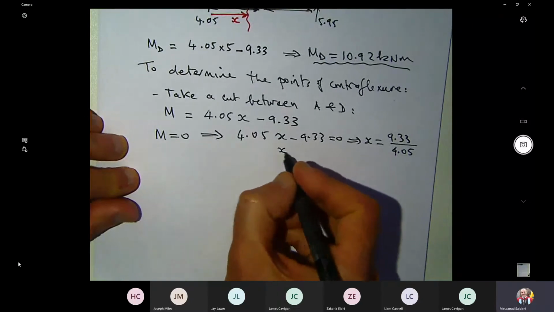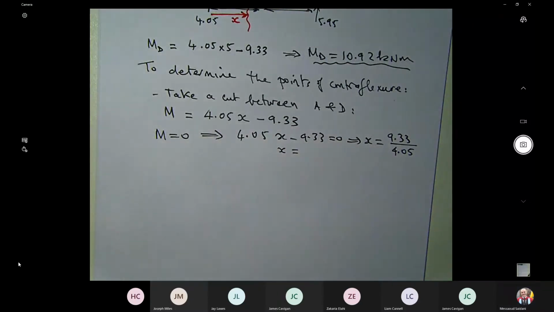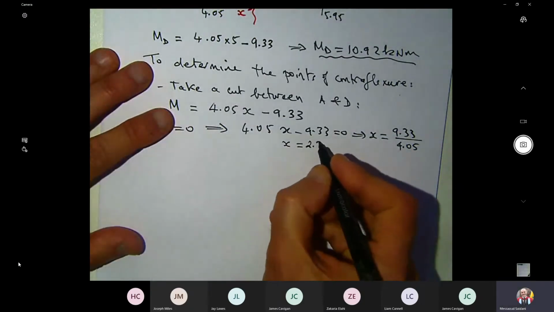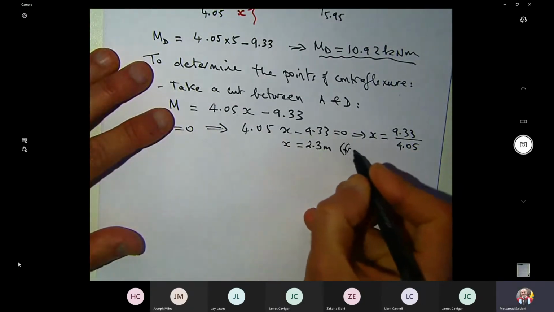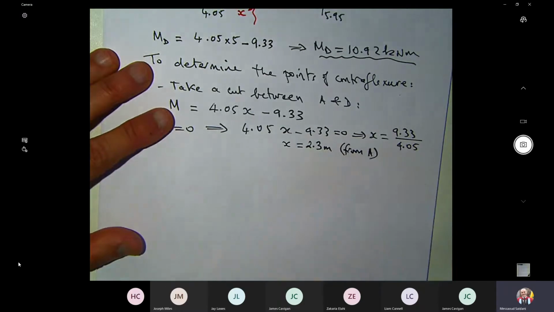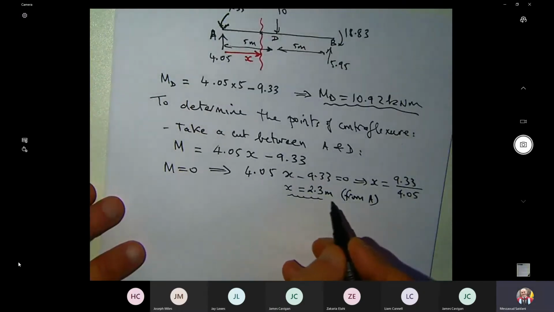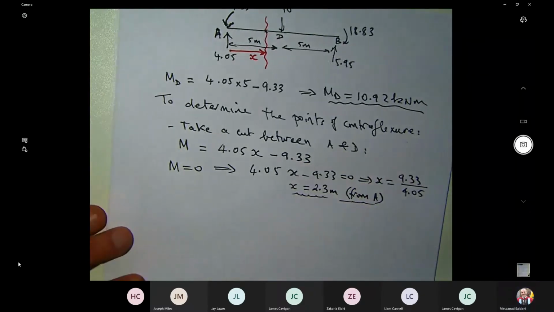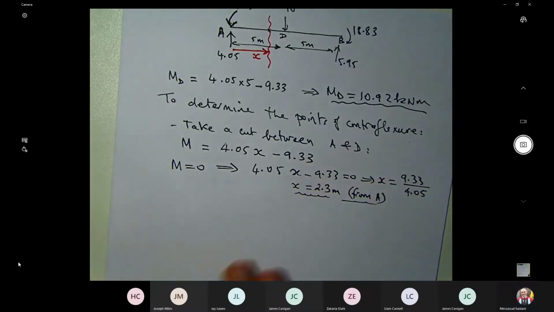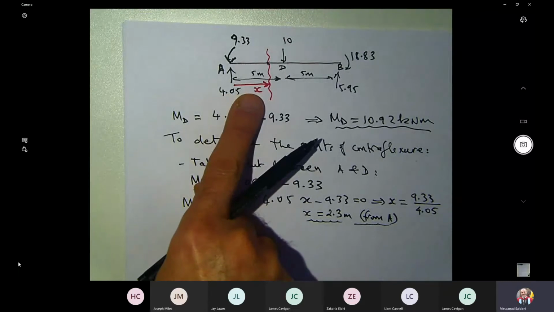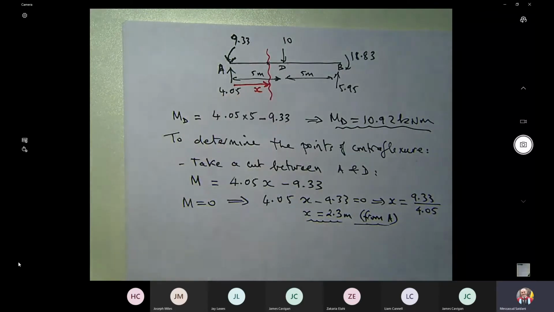What does it give? I've got 2.3 meters. So 2.3 meters from A. That's the first point of contraflexion.